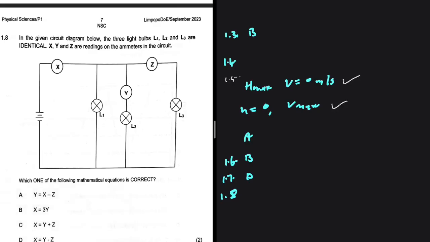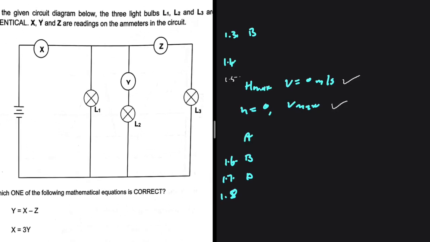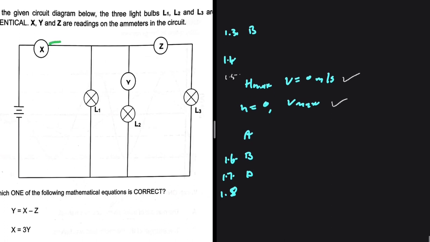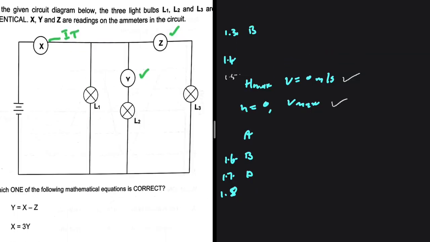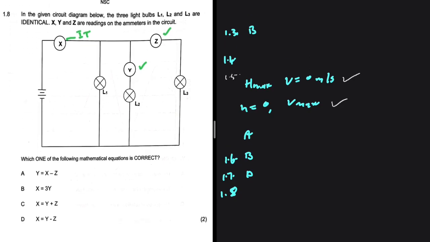What I'm realizing very quickly is that at X, we have the total current, so this is IT. Our three bulbs are identical, so the current is divided proportionally. The reading on Y is equal to the reading on Z. We don't have a reading on L1, but I don't think that will hinder us from reaching a conclusion. Let's look at what makes sense.